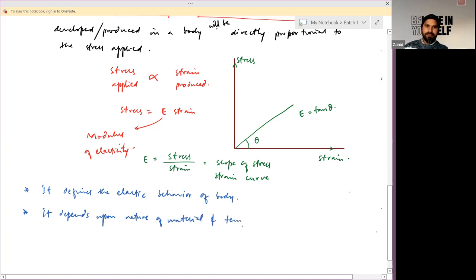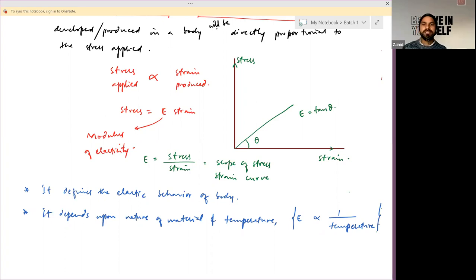So this modulus of elasticity is inversely proportional to temperature. If you increase the temperature, bonds get weakened, separation between particles increases, hence the elasticity of the body will decrease.